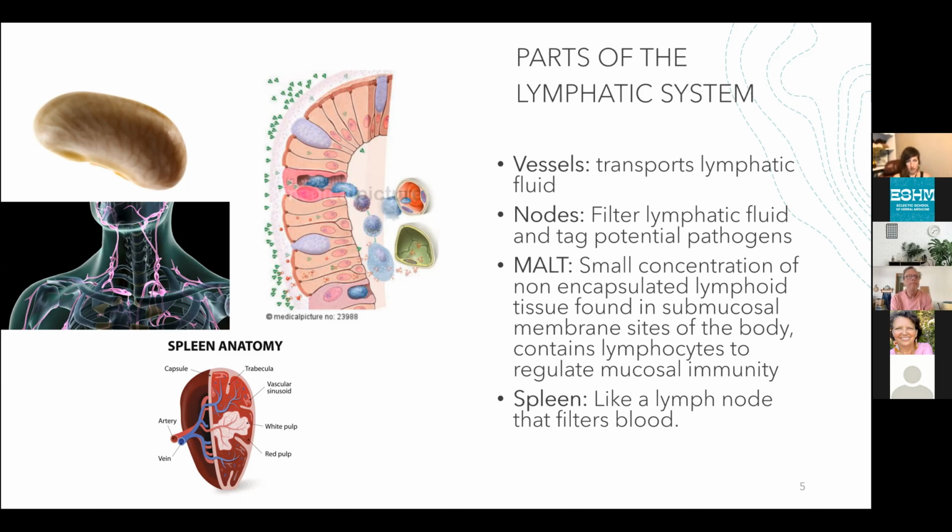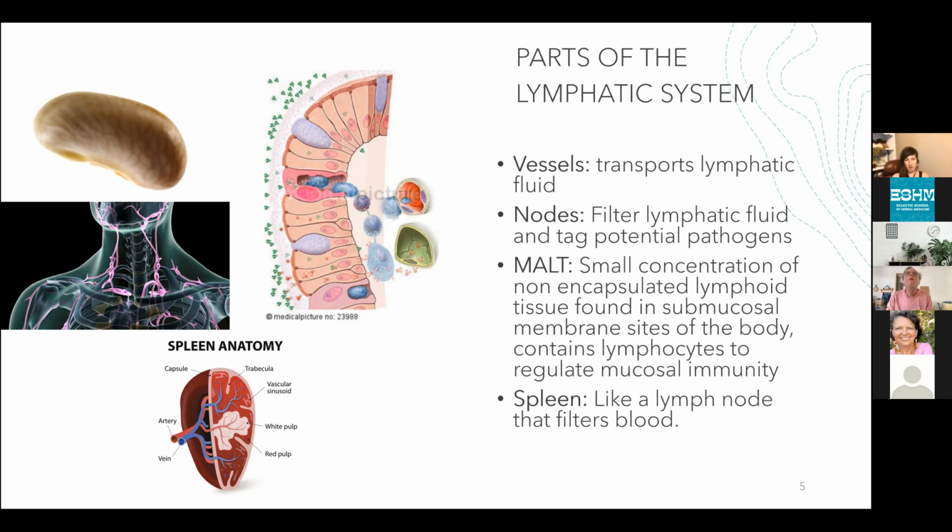And we have MALT, which is the mucosa-associated lymphoid tissue. These are small collections of lymphoid tissue, but they are not encapsulated. Nodes are completely encapsulated little things, and these are just patches of tissue, and they're found in mucosal membranes all over the body.